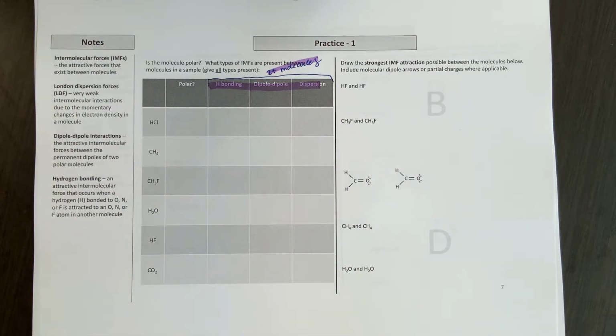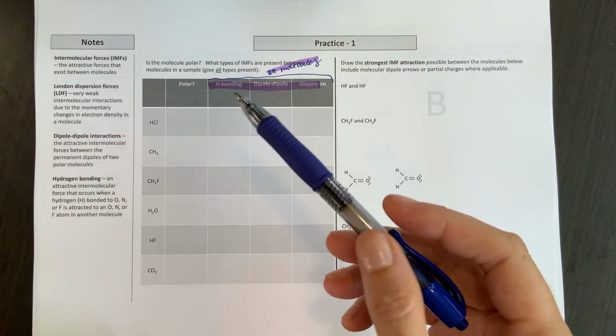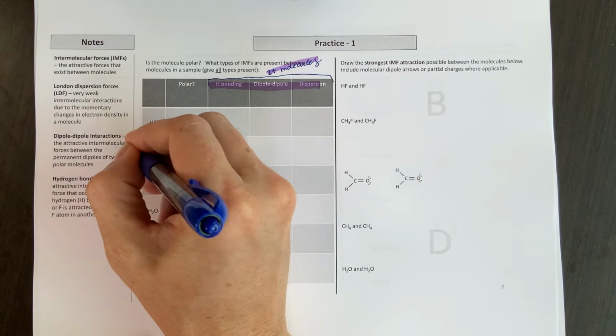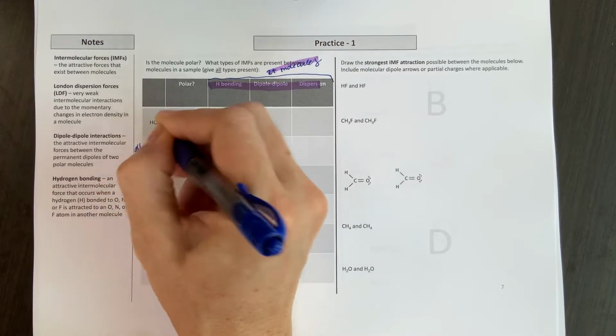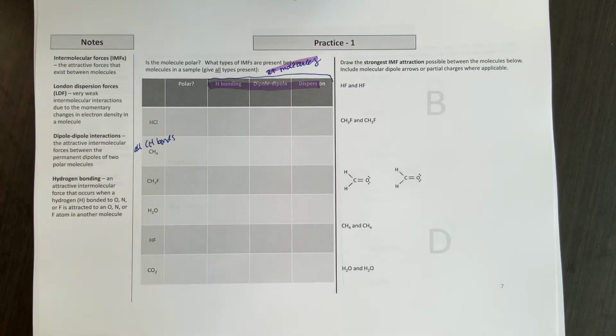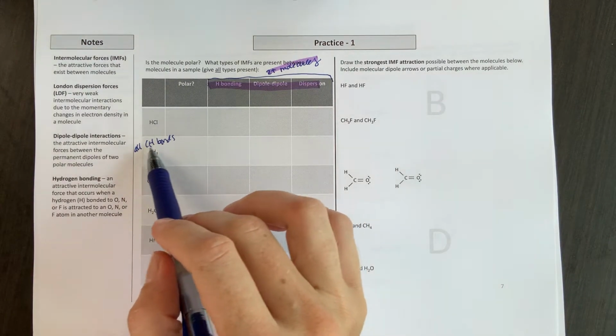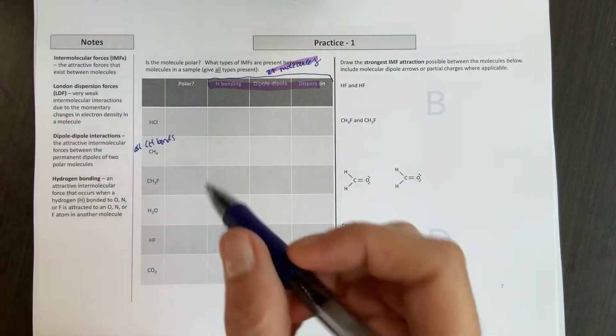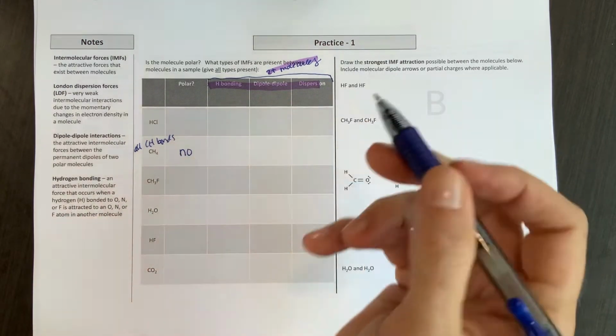So first of all, let's think about CH4, okay? The first thing I notice when I look at that is it's all CH bonds. And you should start to have this automatic thought when you see all C's and H's that those are all sharing electrons evenly. If they're sharing electrons evenly, it's not polar.